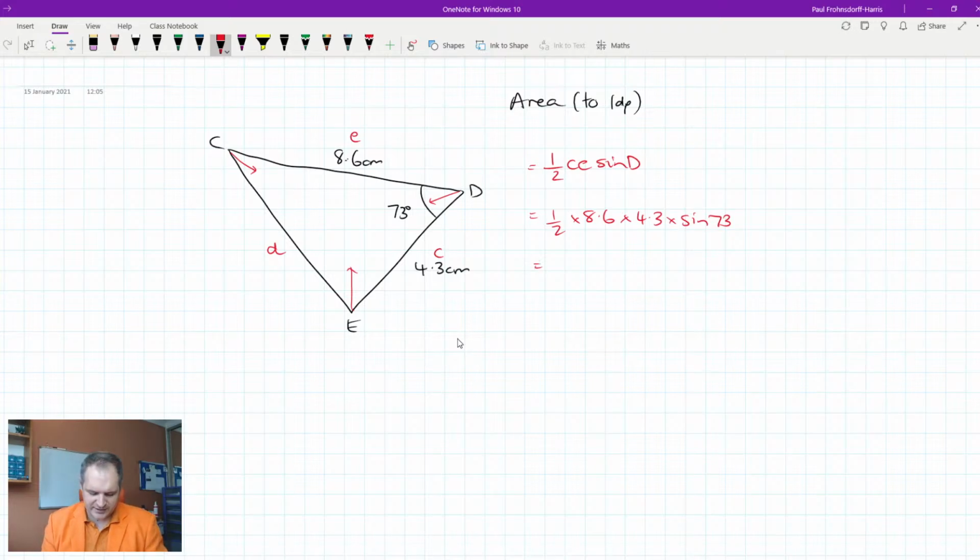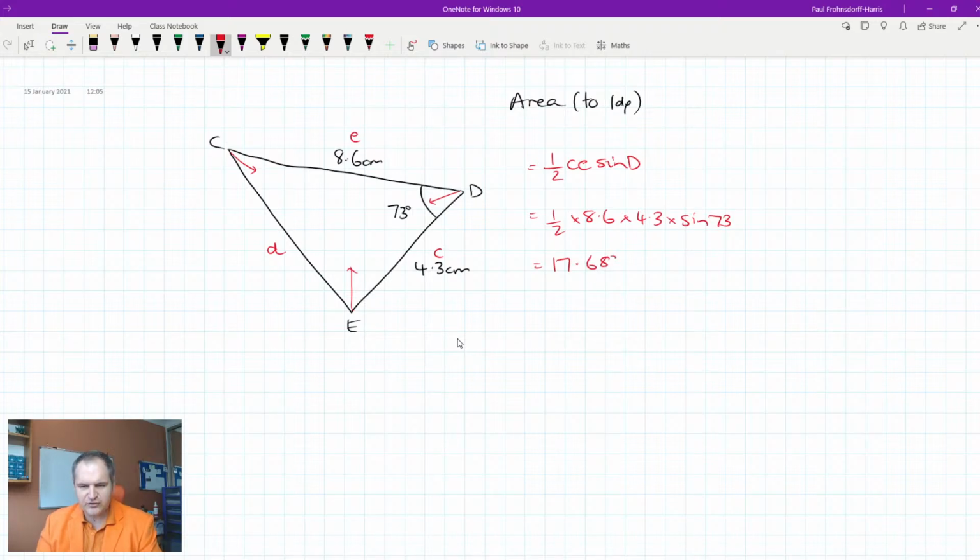Plug it into my calculator: half times 8.6 times 4.3 times sine 73. And once we've done that, we press equals, and hopefully you don't press the times button twice, because that's what broke it in mine, and I get 17.68... We want to round it.